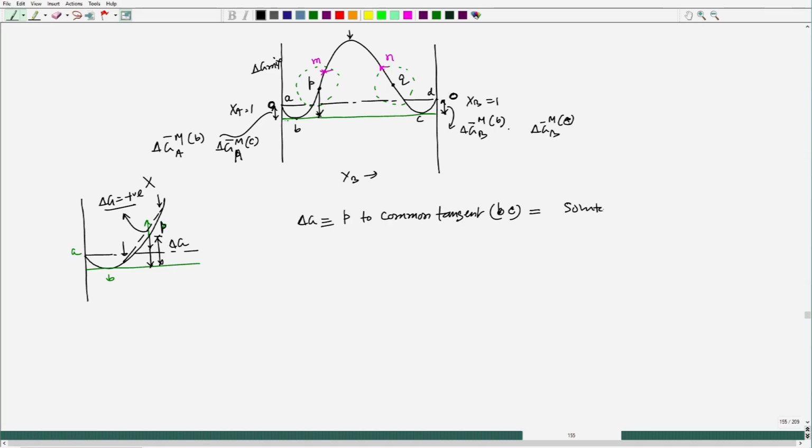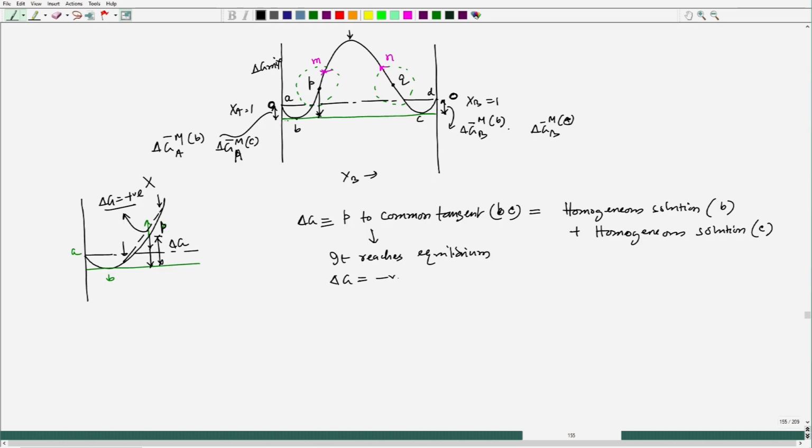So, a homogeneous solution of composition B plus a homogeneous solution of composition C. This can happen because it reaches equilibrium and there is spontaneity since delta G is negative.